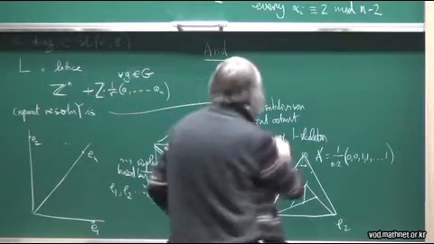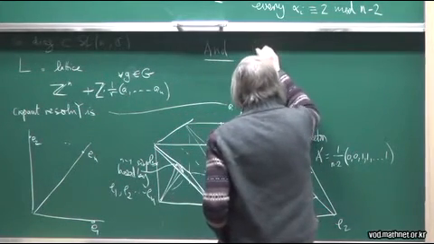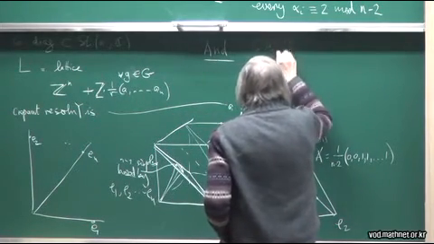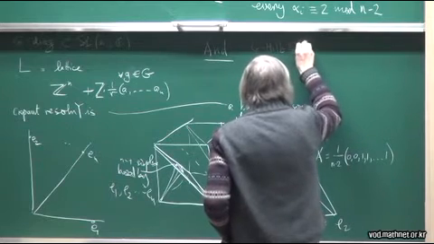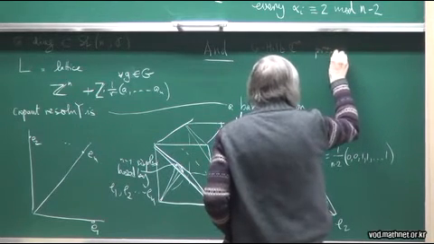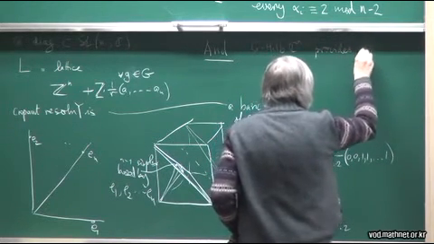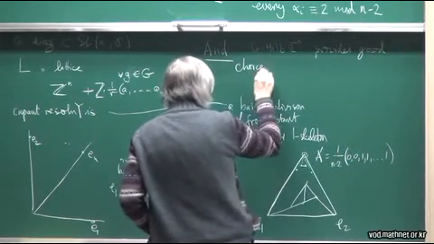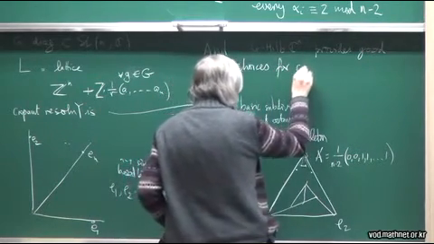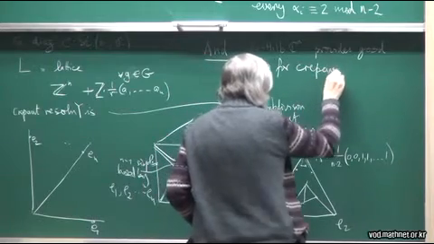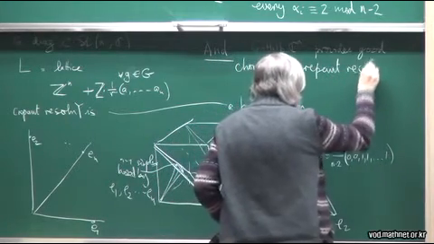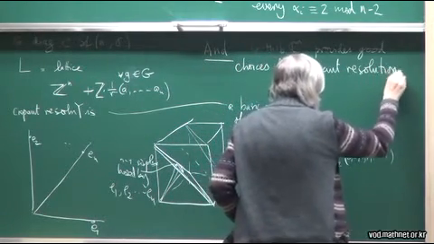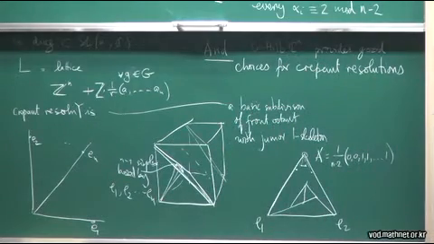And in this case, G-Hilb of C^n provides good choices for equivariant resolutions.